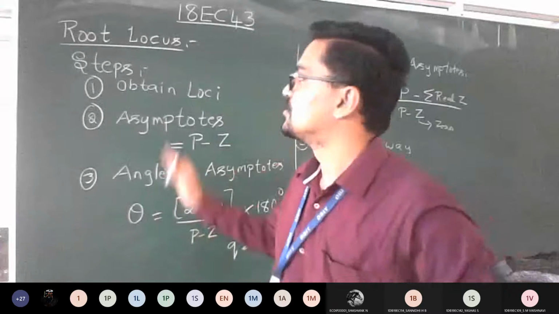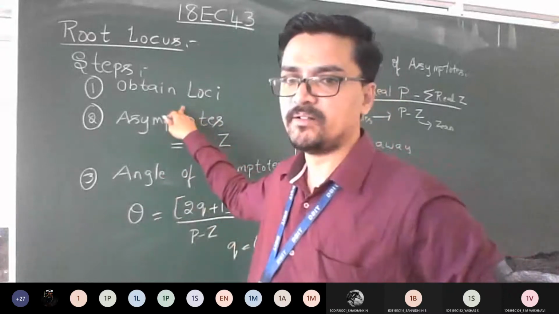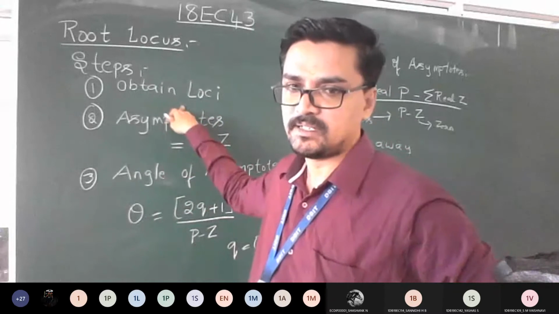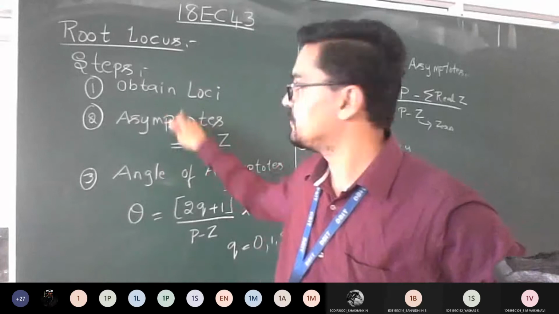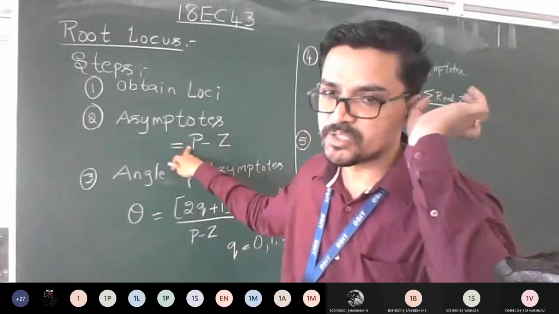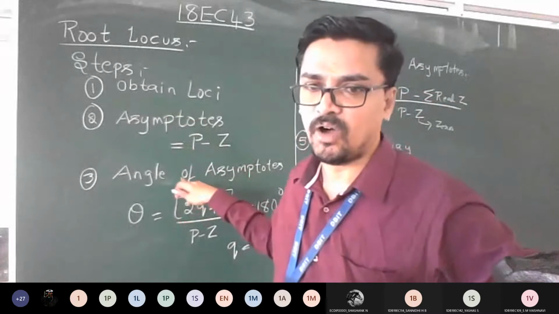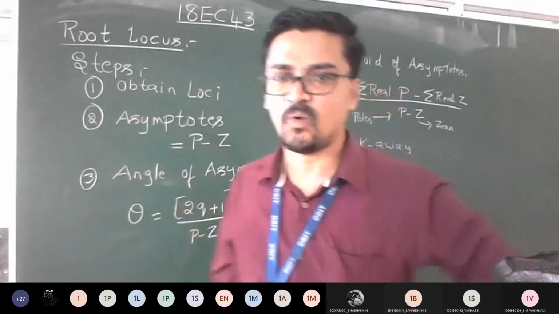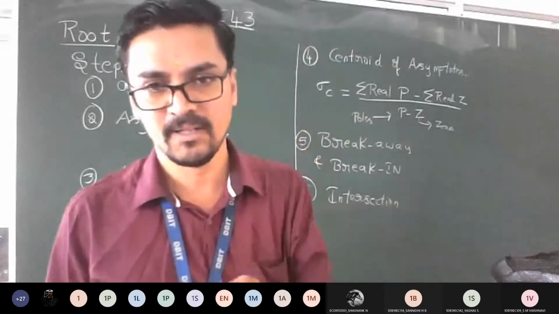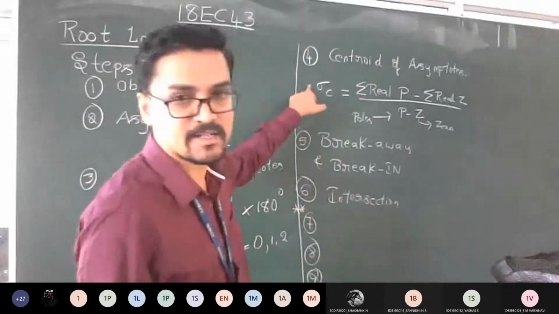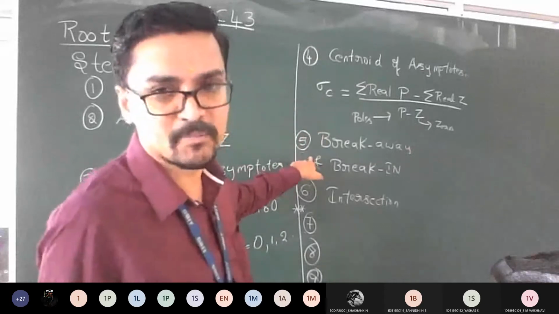If you look at these steps, step number 1, you need to obtain the loci, that is, check the number of poles and zeros present. Then check how many asymptotes you have, then the angle of asymptotes. Then I need to mark those angles from a point called the centroid of asymptotes. Use this formula, then check the breakaway point and break-in point.